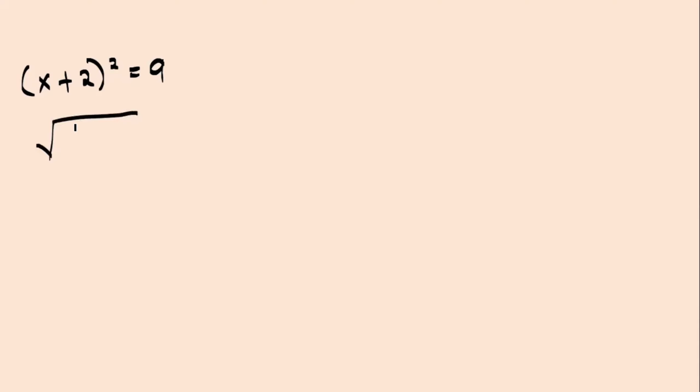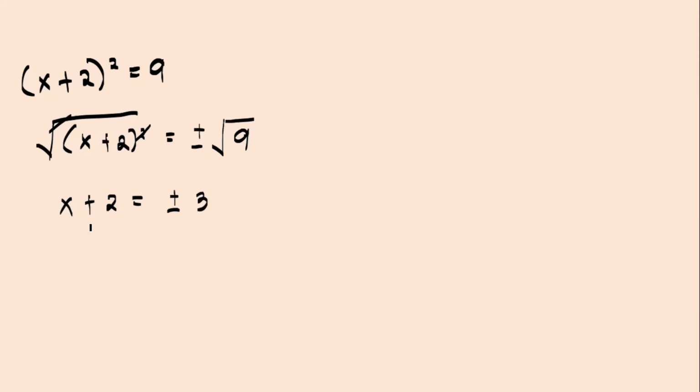So square root of x plus 2 squared is equal to positive, negative, square root of 9. Okay? Cancel si square root, cancel si exponent na 2. Ano na lang yung natira? We have x plus 2 is equal to positive, negative, the square root of 9, which is 3.